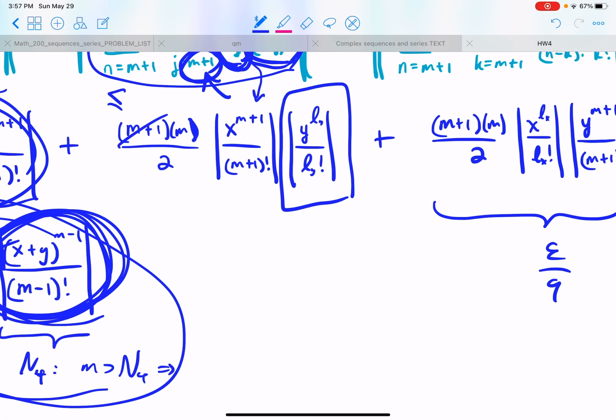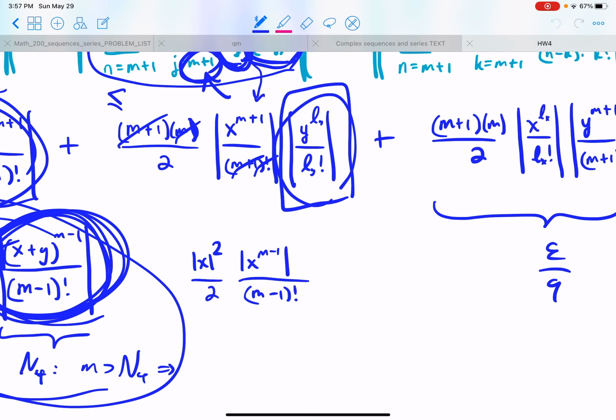So the m plus 1 will cancel one of these, the m will cancel another, and we'll be left with m minus 1 factorial down there. So let's pull out two of these, absolute value of x squared, and leave x to the m minus 1 up there. And then there's a 2, okay, 2 is fine. And then there's this constant, which is y to the l over l factorial.